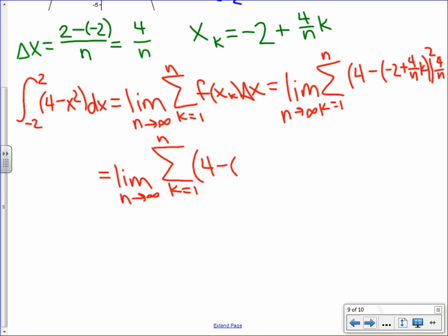The binomial squared, so a binomial times a binomial, you're going to have to FOIL.